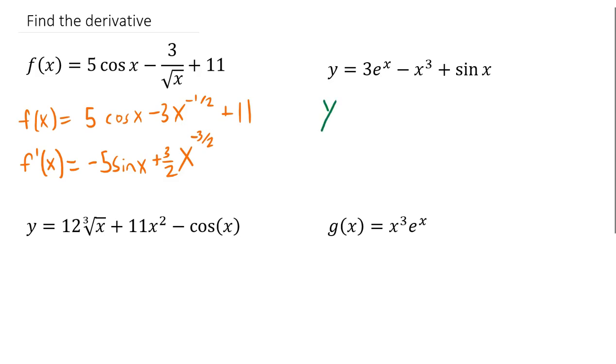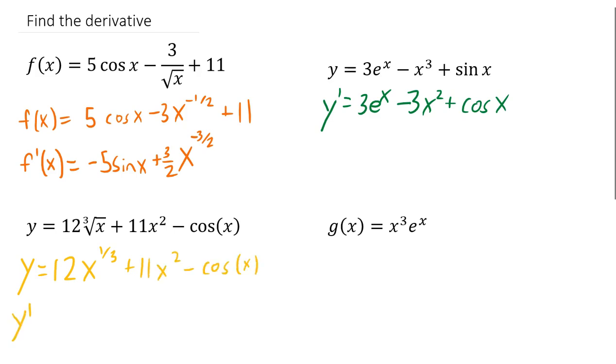For this one on the top right, my derivative of 3e to the x is going to be 3 times the derivative of e to the x, 3 times e to the x, minus derivative of x cubed, plus derivative of sine. The bottom left one. Maybe first I'll rewrite it, that way I can kind of see what kind of power I'm dealing with. Oh, that's to the 1/3 power, okay.